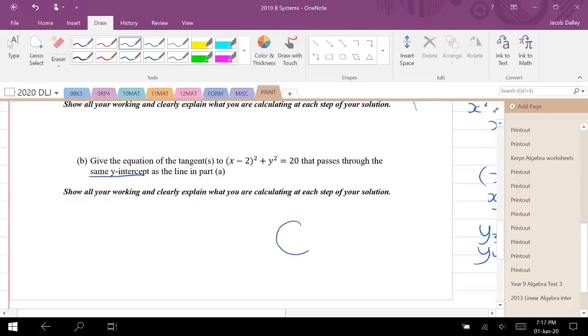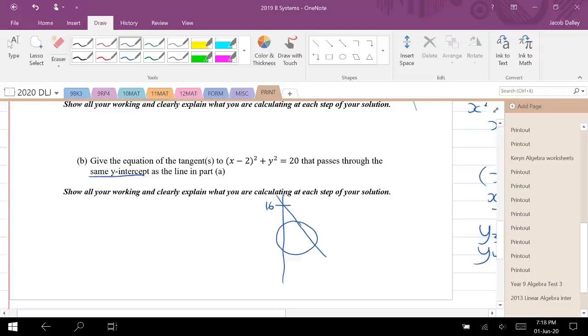Basically, we've got our original line going through 16, and then there's our circle.